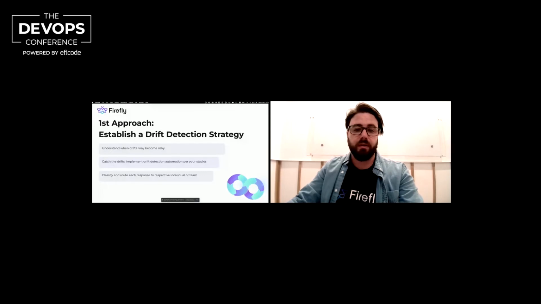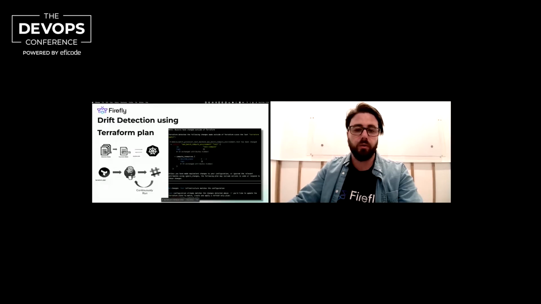So this is basically a simple recommendation to implement a drift detection that can be done without any extra cost. It's not a perfect solution, but it's good enough, and we see a lot of cloud owners using this methodology. So basically, it's to run a Terraform plan in a cron job. So in case Terraform detects a drift between the desired state and the actual state, you will know in real time.